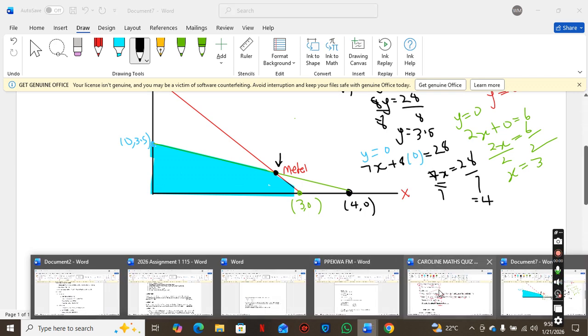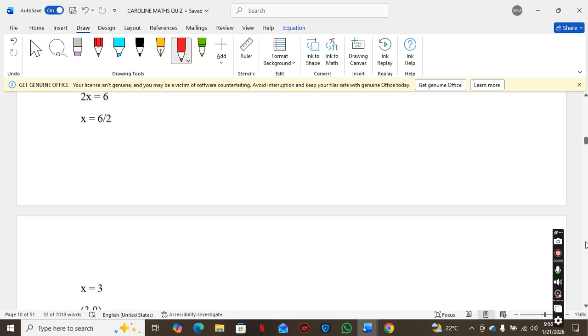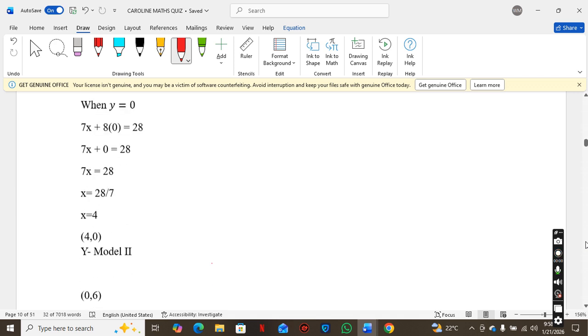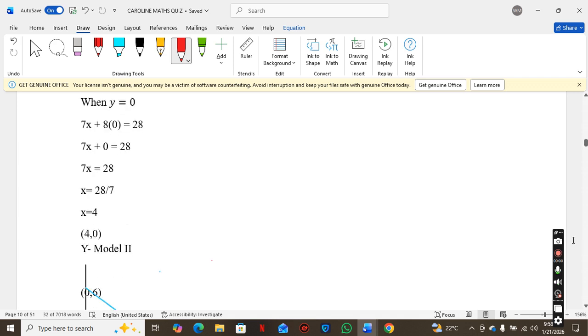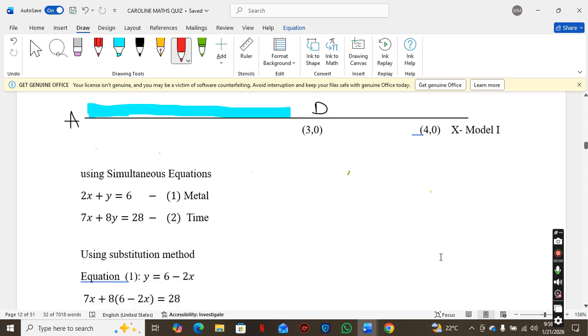So using simultaneous equations, you just use those same equations. 2x plus y equals 6 for the metal constraint, 7x plus 8y equals 28.